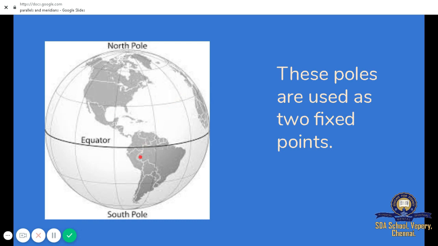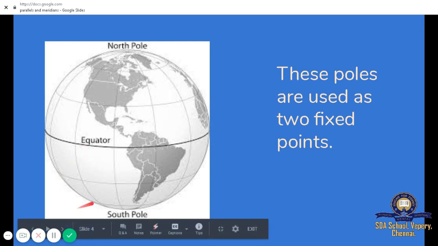The earth is divided into two equal parts. In the middle of the earth, we can see a thick line drawn on the surface, right? It separates the earth into two equal parts. The north part of the equator is called the northern hemisphere, and the south part of the equator is called the southern hemisphere.